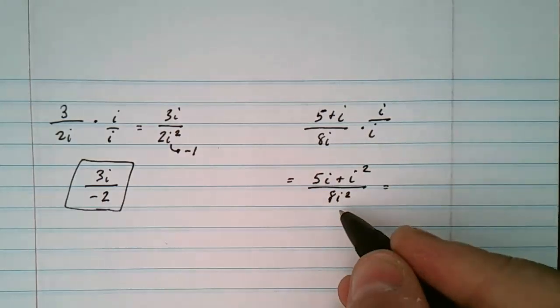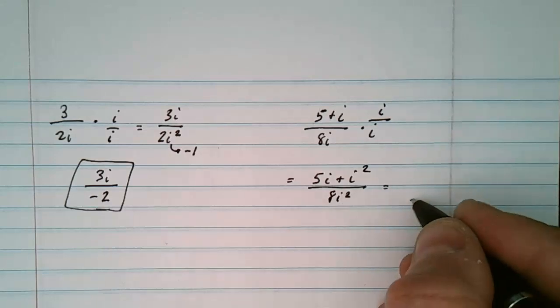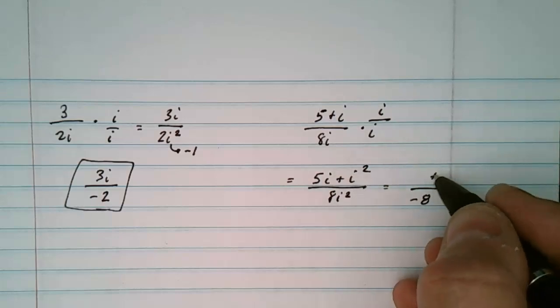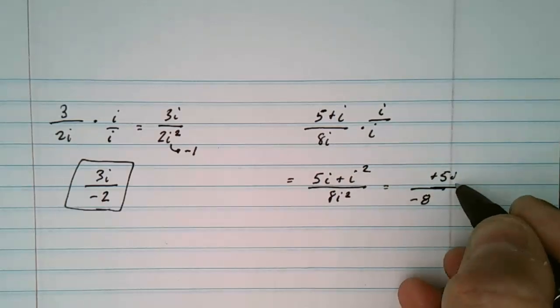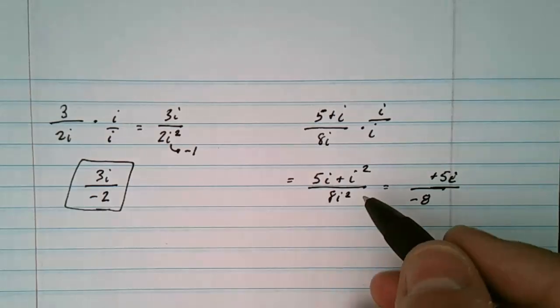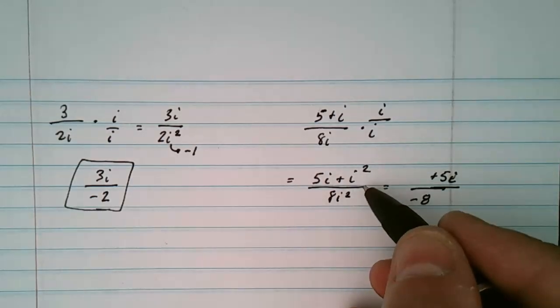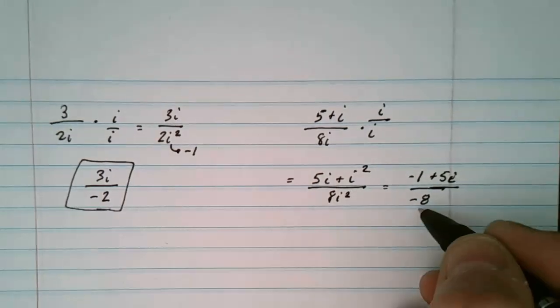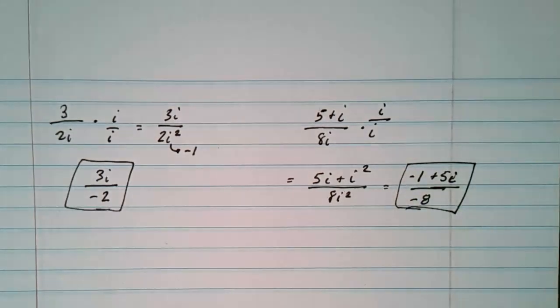Now, i squared is -1, so your denominator becomes -8. Your numerator, you still got your 5i. But i squared is equal to -1, so you end up with -1 plus 5i over -8. Okay?